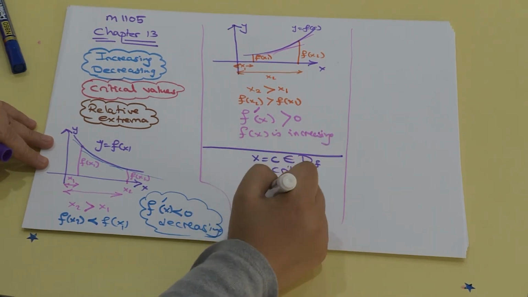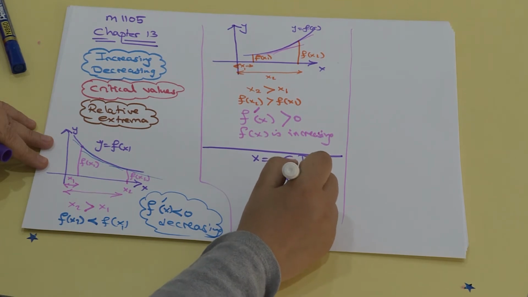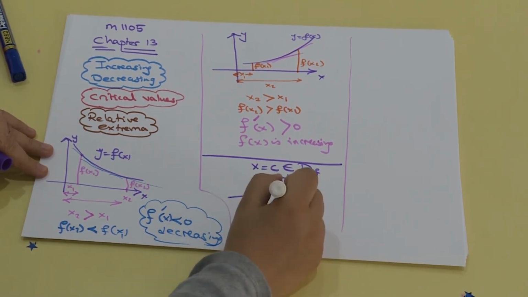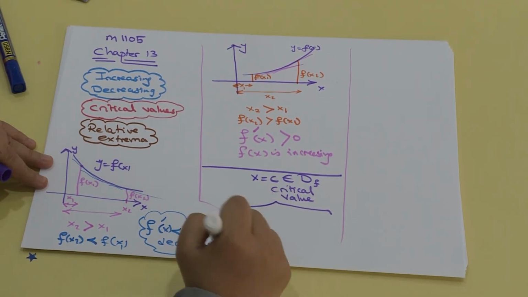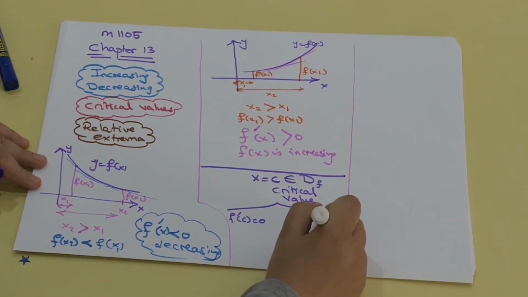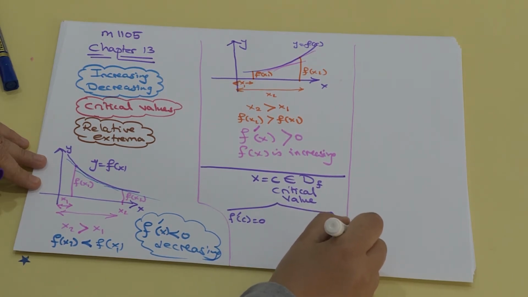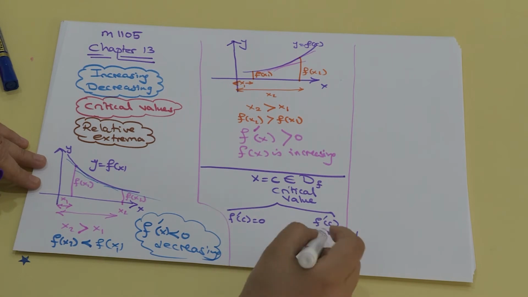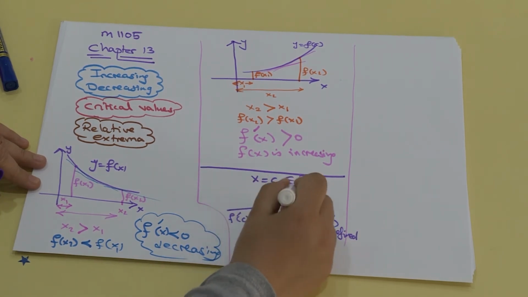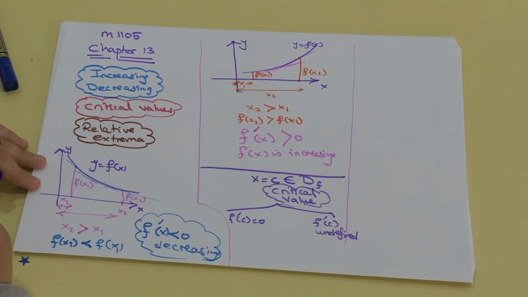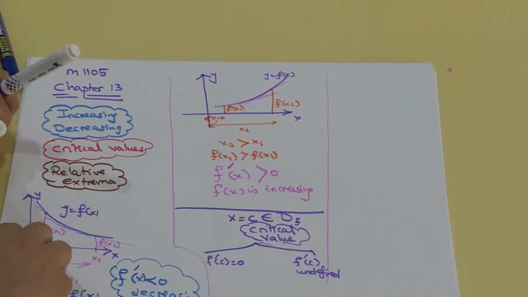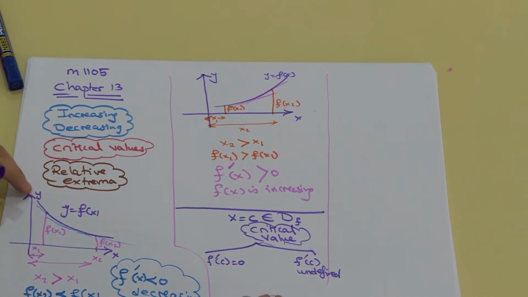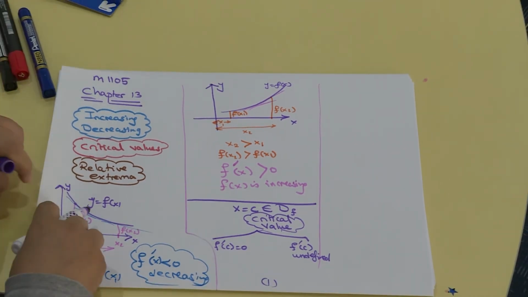If it is in the domain of the function, it's a critical value if it makes f prime 0, or if it makes f prime undefined. Only if it is in the domain of the function can I call it a critical value. Okay? Now, let's take this and go solve an example, and I will call this page 1.